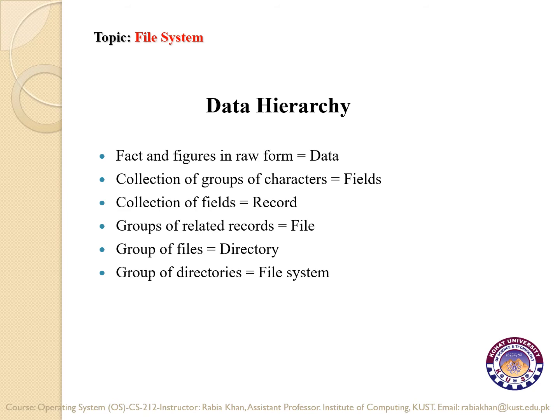Collection of fields then form records, and in database you also call a record as a tuple. Collection of related records form files, and the collection of related files form directories. Then the collection of directories form the complete file system. So this is the hierarchy of how we reach to a file system, starting from data.